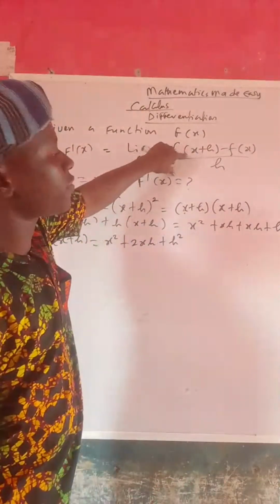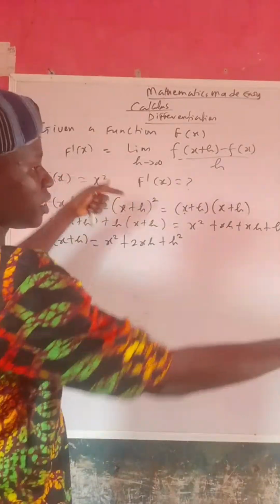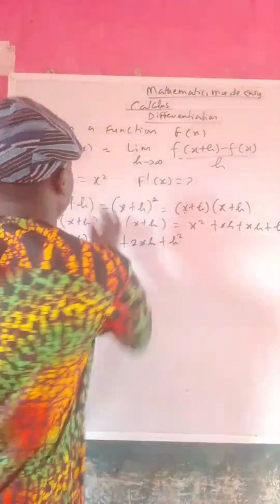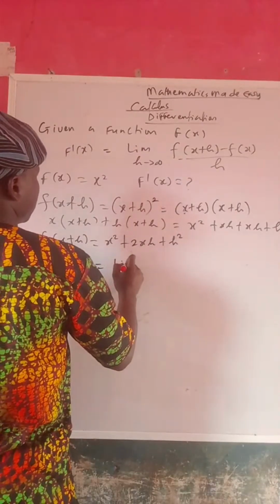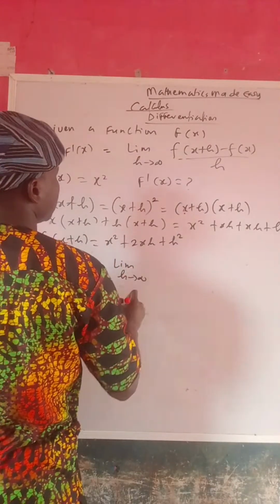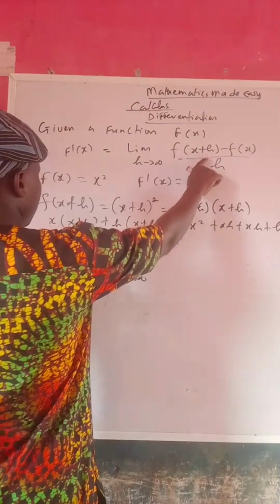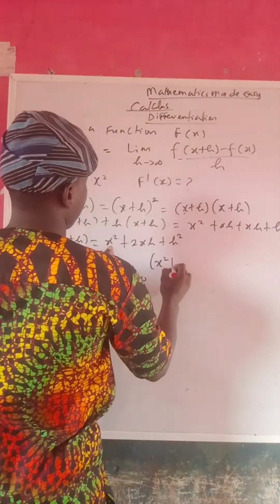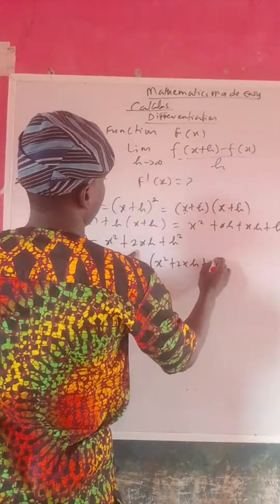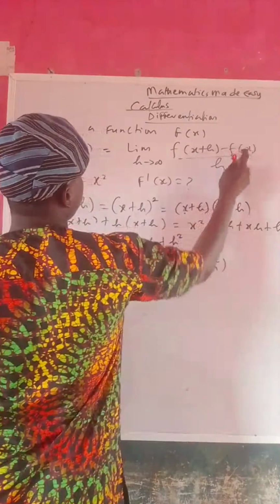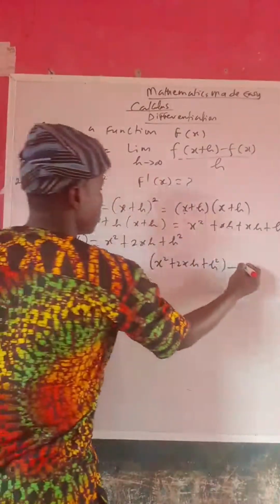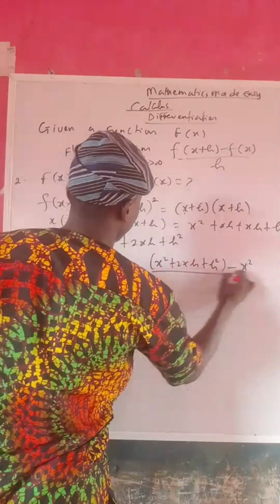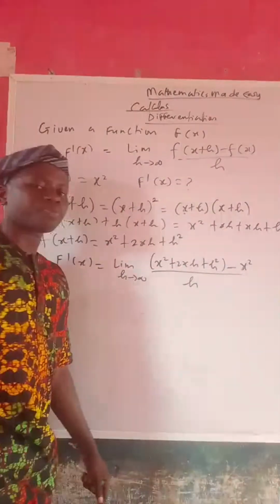Since we now have f of x plus h, we can now find our derivative. I hope we are getting it. So f prime of x will be equal to the limit as h tends to infinity of f of x plus h, which is now x squared plus 2xh plus h to the second power, then minus f of x, and our f of x is x to the second power, so minus x to the second power, then everything over h.